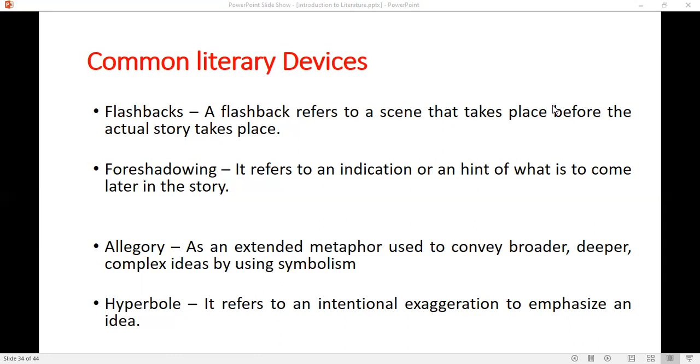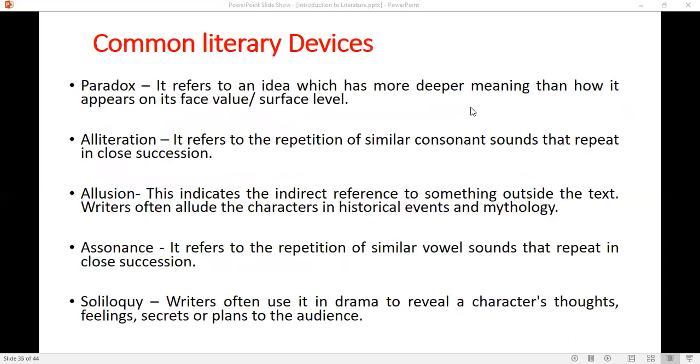Even though there's a truth, the major portion of it is exaggerated. Paradox refers to an idea which has a deeper meaning than how it appears on its face value.